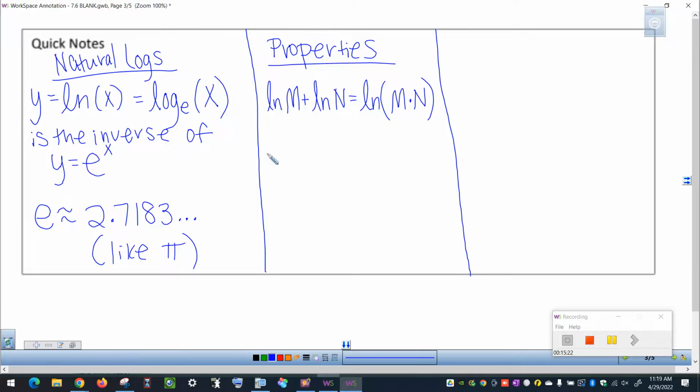All right, and then we also have our property involving subtraction. And we saw that when they are being subtracted, whoops, that was not intentional. We need to keep it as ln the whole time. I accidentally wrote log. ln of m minus the ln of n, altogether it's the ln of m divided by n.